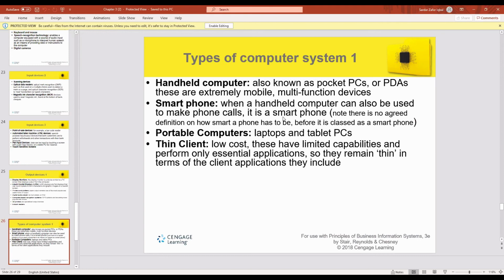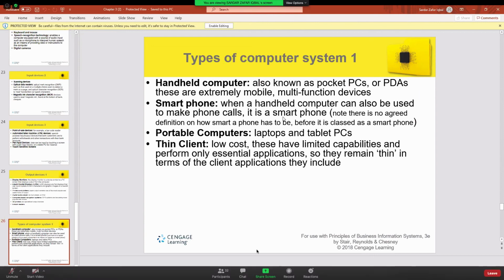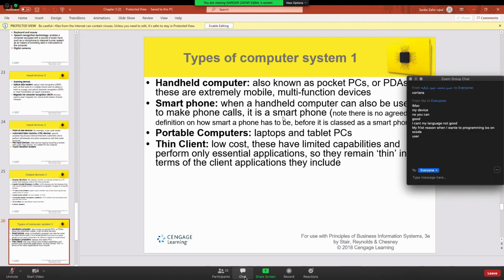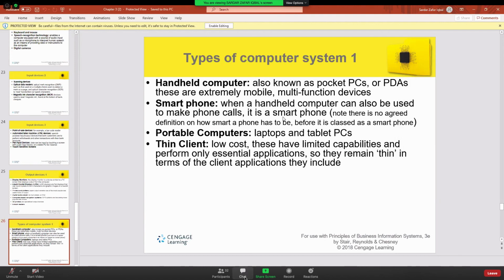So we have desktop PCs, like most of you maybe. Do you guys have a desktop at home nowadays, or just a laptop? Is there any student who's working on a desktop? Yes. Okay, but it's getting rarer and rarer.